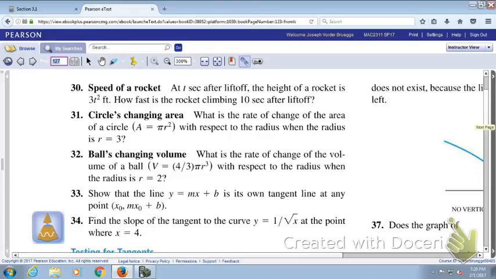What is the rate of change of the volume of a ball? It tells you that the volume of a ball is 4/3 pi r cubed. Some of you guys have heard of that before? What is the rate of change of volume with respect to the radius when the radius is 2? So let's assume that we're blowing this ball up, like a balloon. As that balloon gets bigger, its radius is getting bigger, so its volume is getting bigger. This is asking us the rate of change.